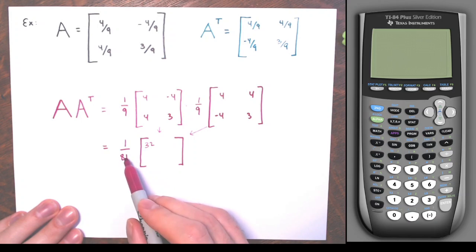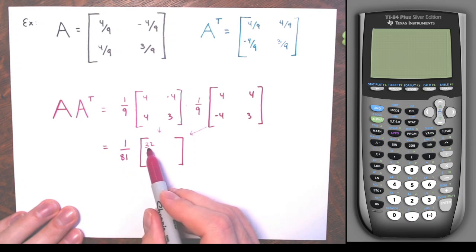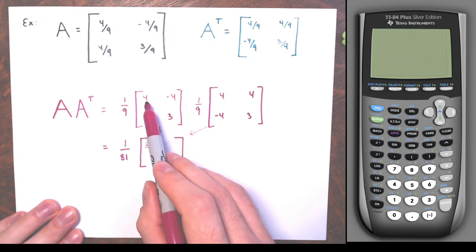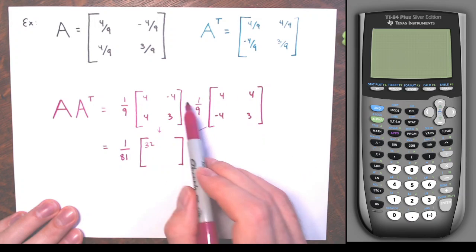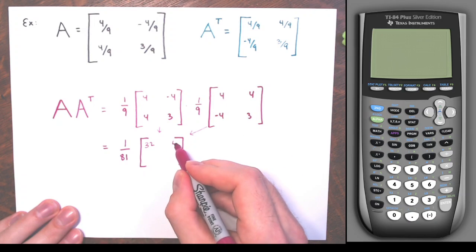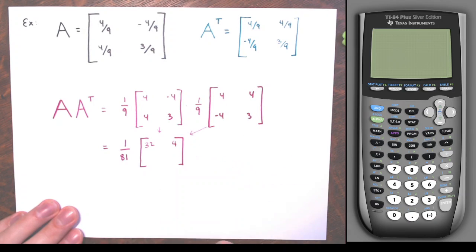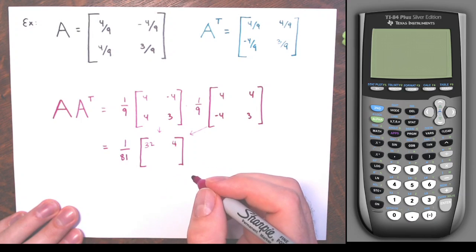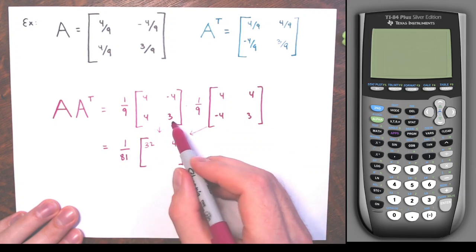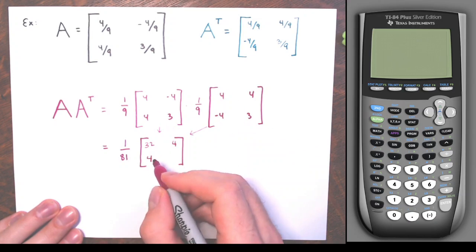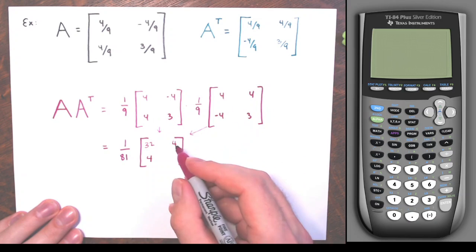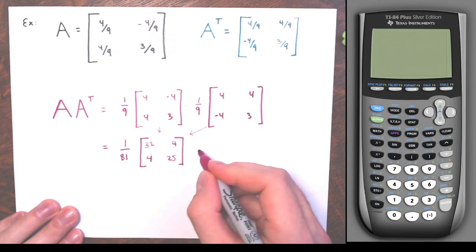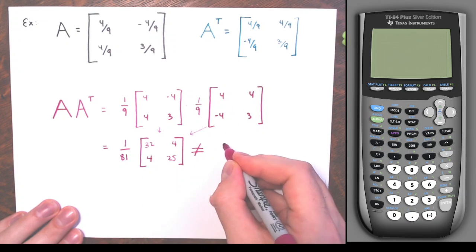Because look, when I multiply by 1/81st, that's not going to be 1 in the upper left corner. This is not going to be the identity matrix, but I'll finish it off. So then we'd have 16 minus 12, that's 4. So that's not 0. So definitely not going to be the identity matrix. Then 16 minus 12, again 4. And then 16 plus 9, 25, but this is definitely not the identity matrix.